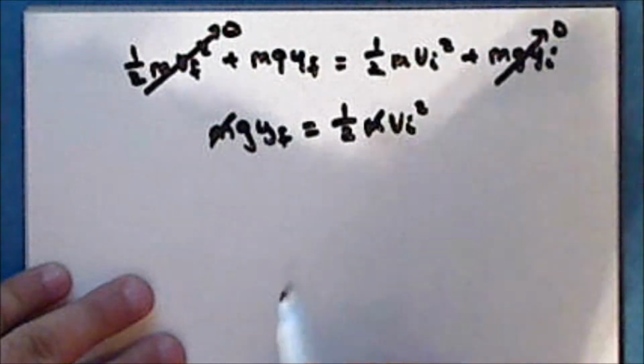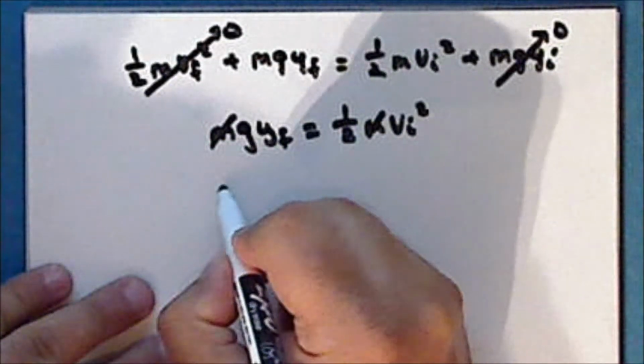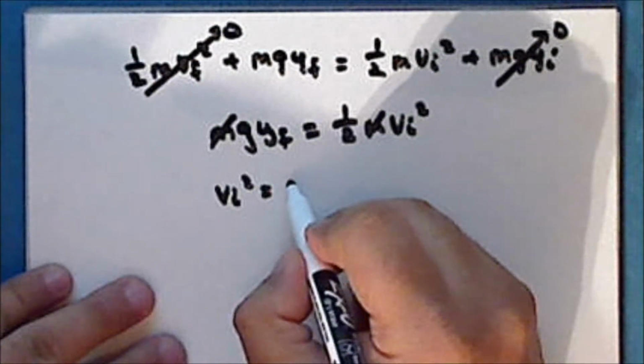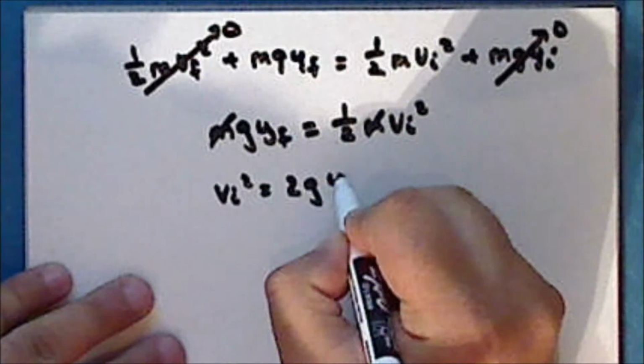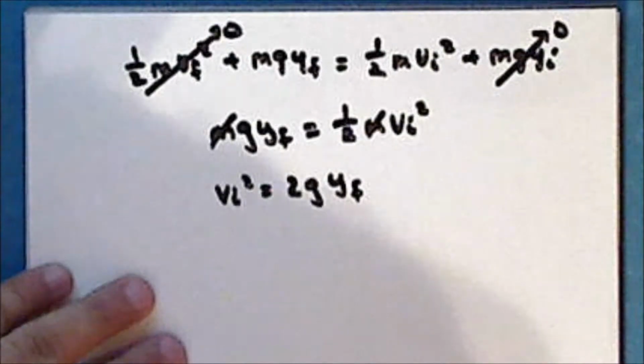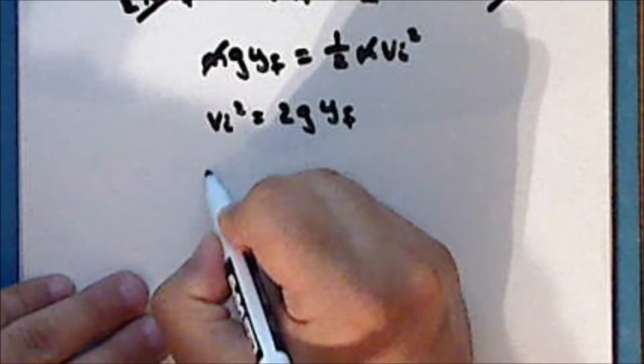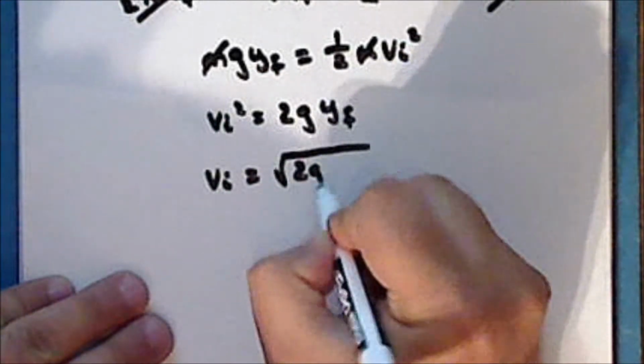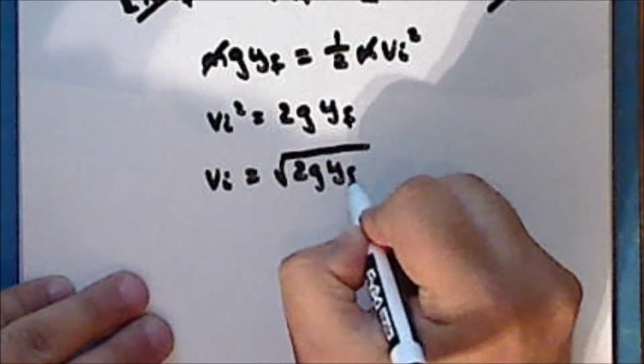The mass cancels on both sides. Solving for the square of the initial speed, we have that the square of the initial speed is 2 times the acceleration due to gravity times the height of the ramp. And so the initial speed is the square root of 2 times the acceleration due to gravity times the height of the ramp.